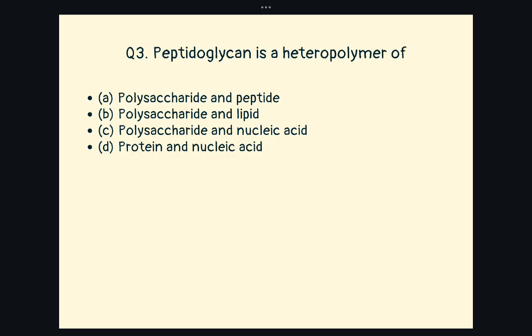Heteropolymer means it is made up of two different alternating subunits. Those subunits are NAG, that is N-acetylglucosamine, and N-acetylmuramic acid, NAM. So the correct answer to this question is that peptidoglycan is a heteropolymer of polysaccharide and peptide.